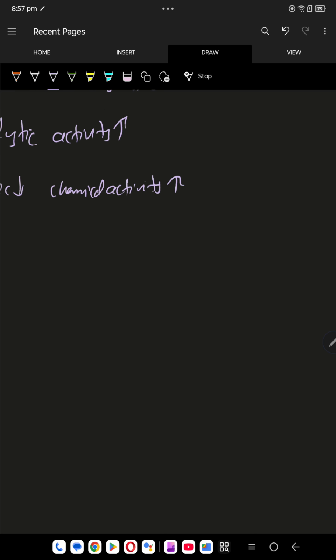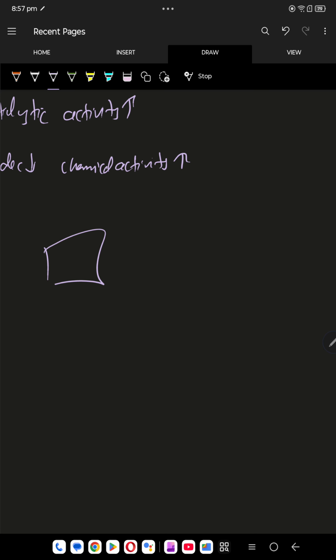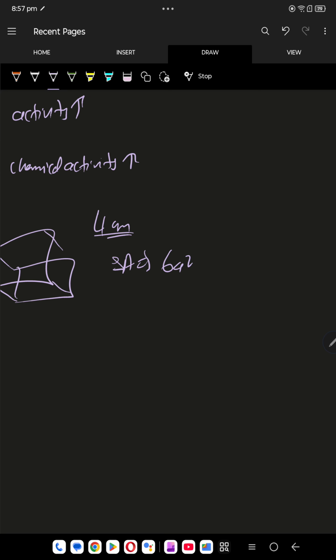I'll give you a quick example. Consider a cube, 4 centimeter side. Its surface area formula is 6a square, so 6 into 4 into 4, that is 16 into 6, which is 96.